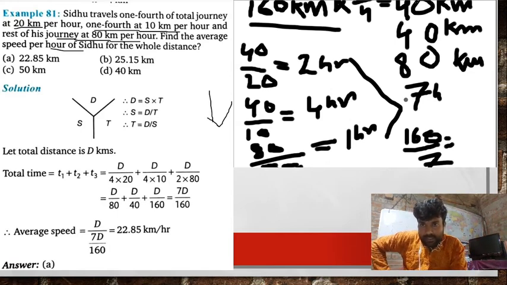I just take a distance in my mind, supposedly 160 kilometers as the total distance.